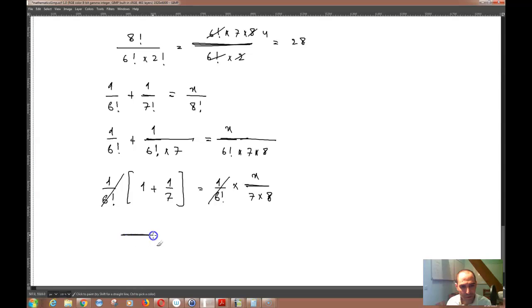Now I can write this as 7 plus 1 is equal to x over 7 times 8. And so this is 8 over 7 is equal to x over 7 times 8.